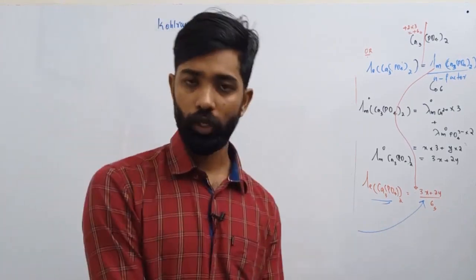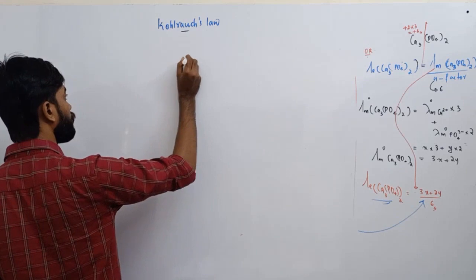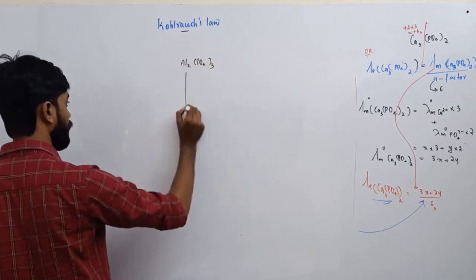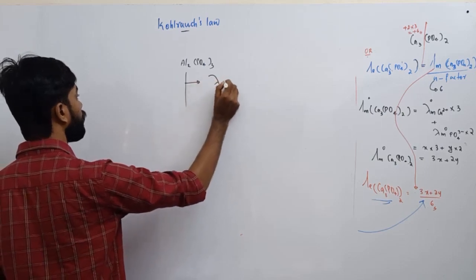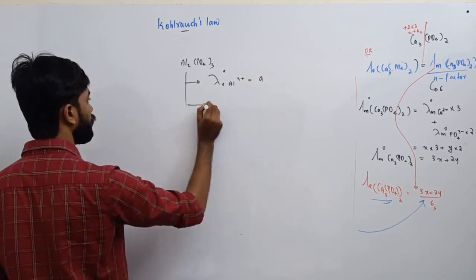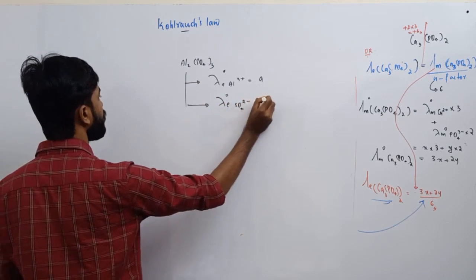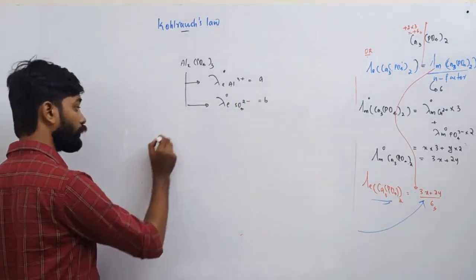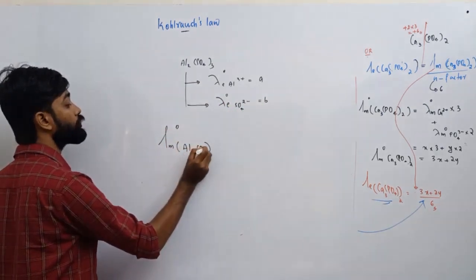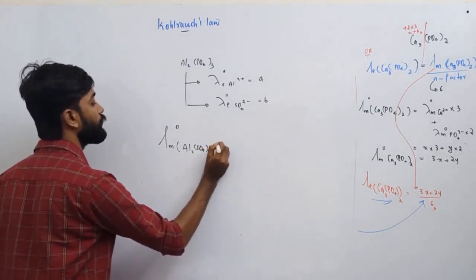Finally, you convert into molar or limiting equivalent. So I have an electrolyte Al2(SO4)3, ready, and the limiting equivalent conductivity of Al3+ is given as A, the limiting equivalent conductivity of SO4 2- is given as B. But you're asked to find the limiting molar conductivity of Al2(SO4)3.